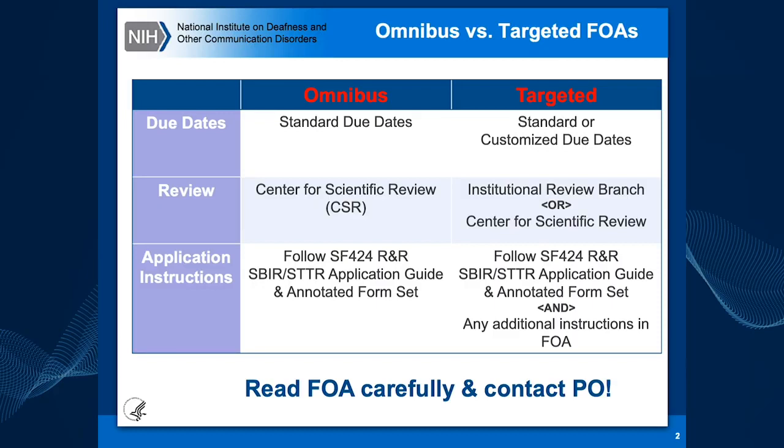Review of SBIR STTR applications primarily occurs in the Center for Scientific Review, CSR, but some applications may be reviewed by a review branch in a specific institute or center. Where your application will be reviewed is specified in the funding opportunity announcement, FOA. There are two types of announcements, omnibus and targeted FOAs.